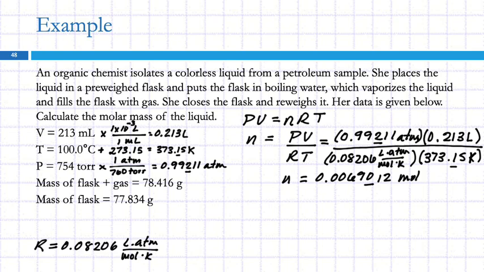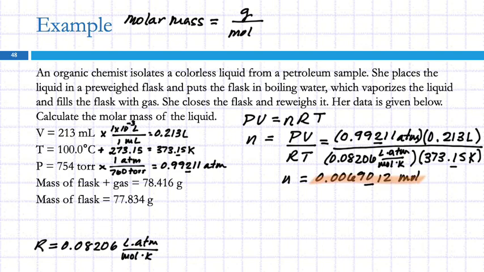So we're trying to find the molar mass. And just like in the previous problem, what we want to do is ask ourselves, well, what is molar mass? What are the units of molar mass? It's the mass in grams divided by the amount in moles. So we just found the amount in moles.